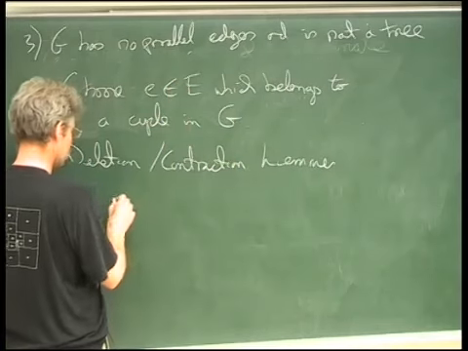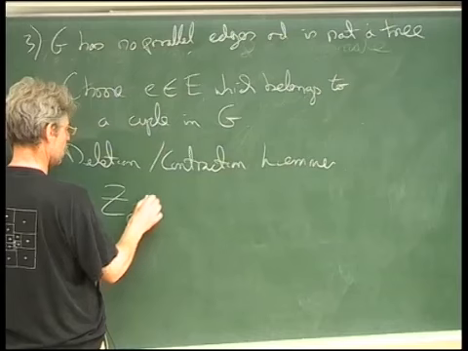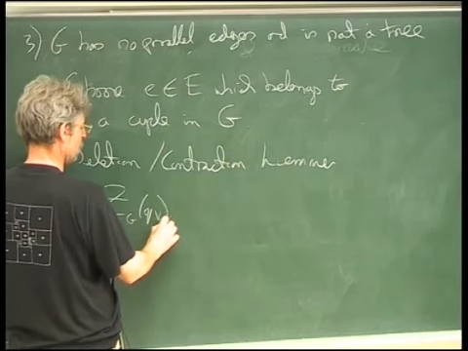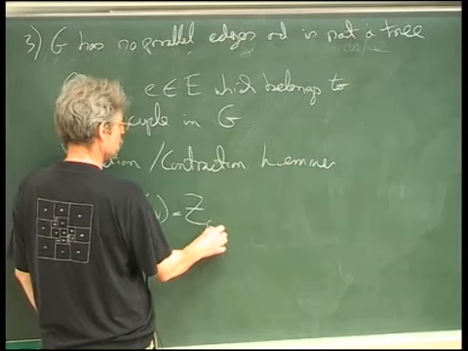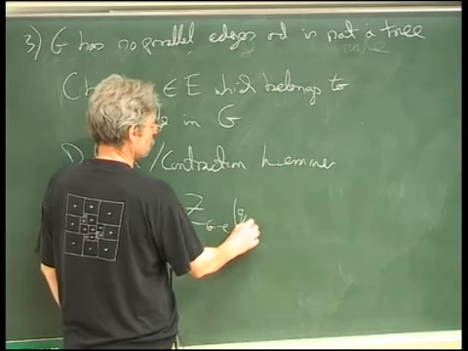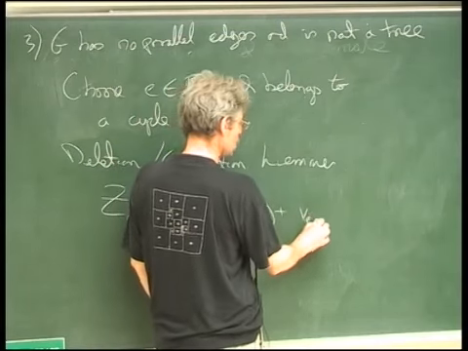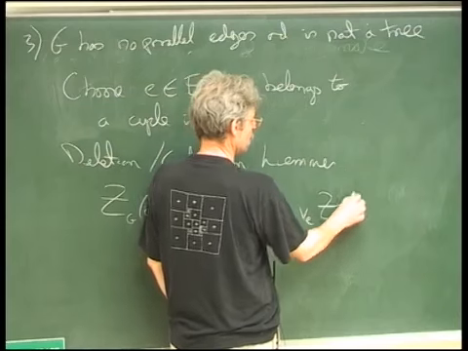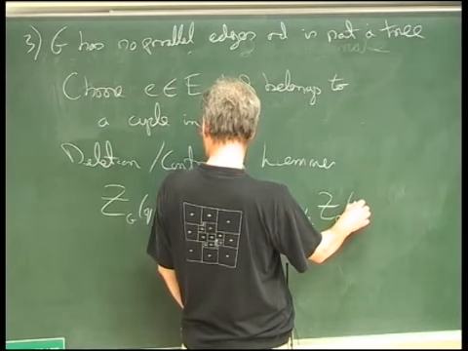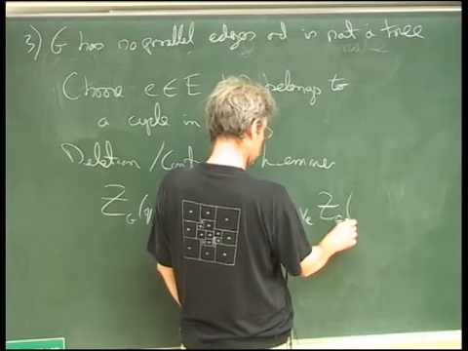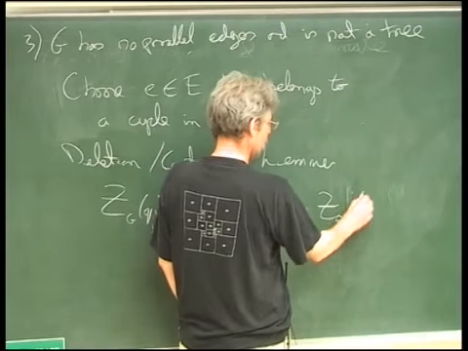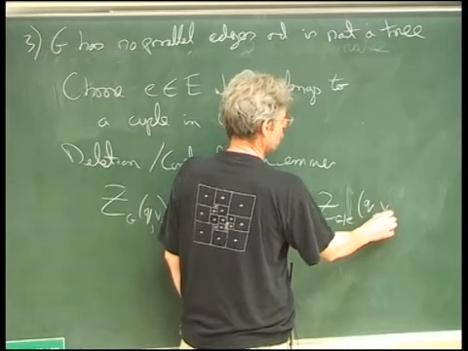So the deletion-contraction lemma tells us that Z_G of q, v is Z_{G minus e} of q, v plus v_e times Z_{G contract e} of q, v.